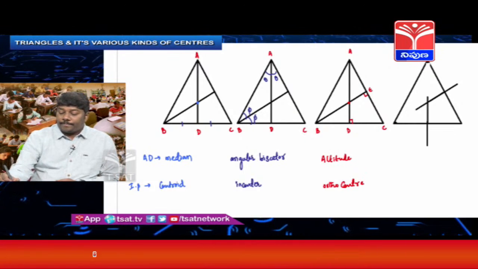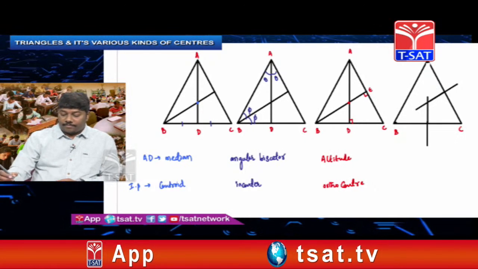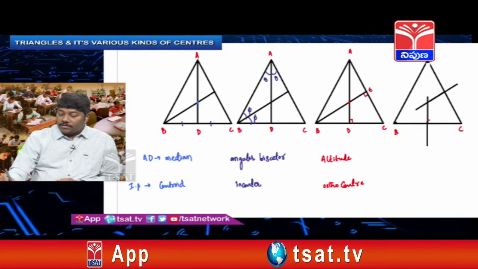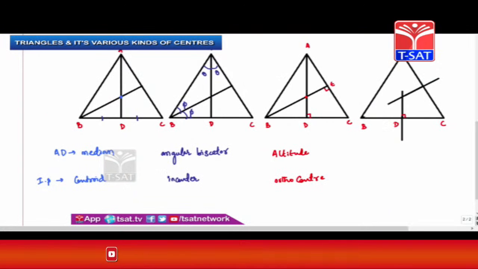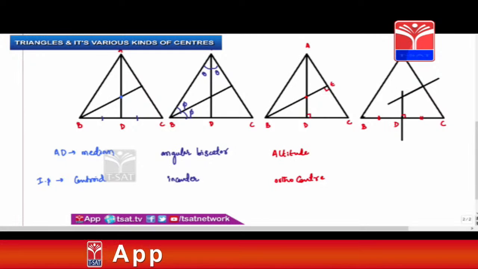In the last one, I don't call it AD, but here this line is perpendicular to BC and it is dividing BC into two equal parts. So I call it a perpendicular bisector. The intersection of perpendicular bisectors is called the circumcenter.